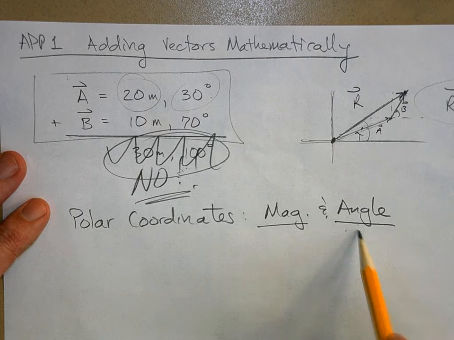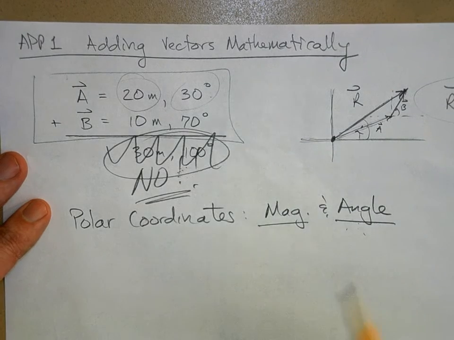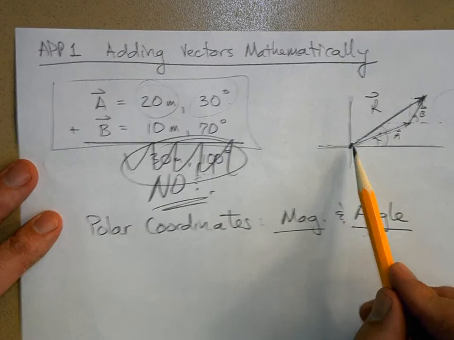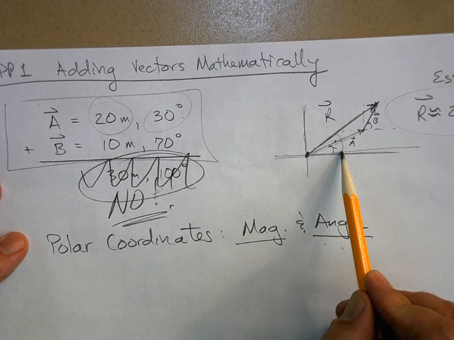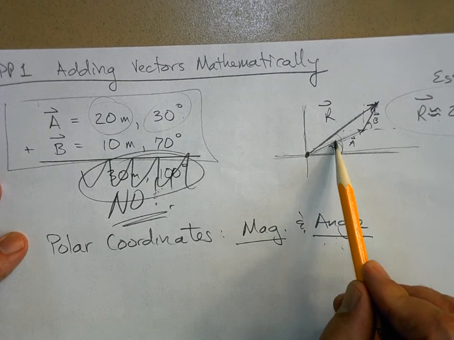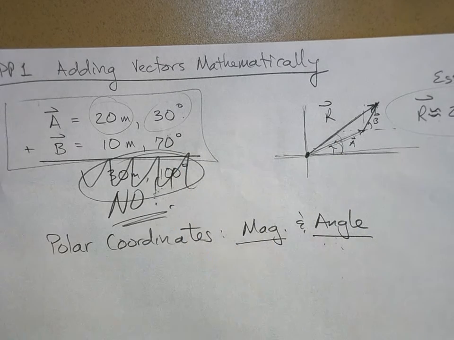And how do we measure the angle in polar coordinates? We always measure the angle from the positive x-axis, and we rotate counterclockwise if it's a positive angle. Now this is all arbitrary.